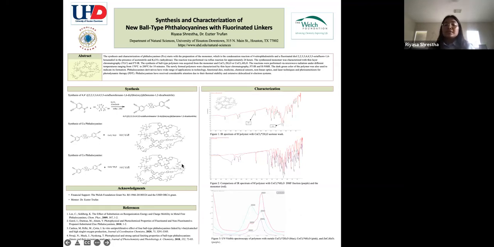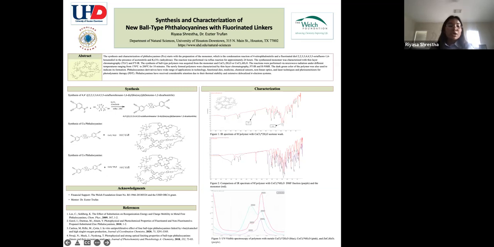This is because of the general structure of ball-type phthalocyanine, which can be seen here. It's just the different types of metals used which shifts the peaks a little. And also the intensity of the peaks is because of the purity and concentration of the phthalocyanine samples that I got from my experiments.